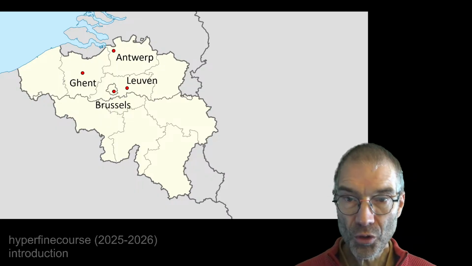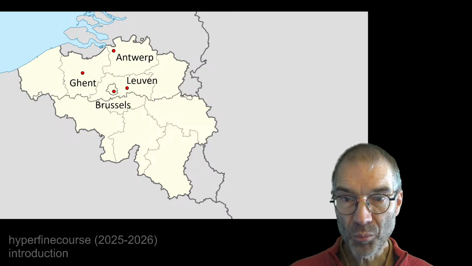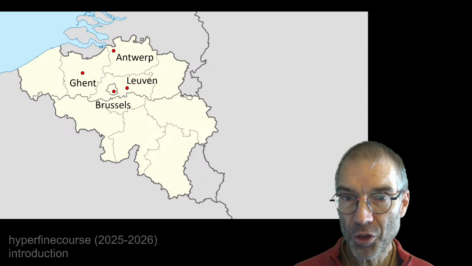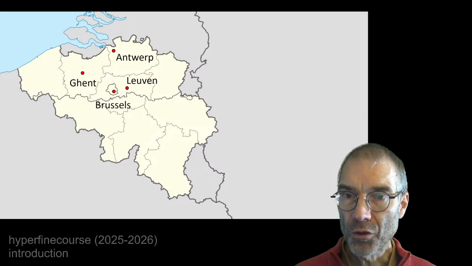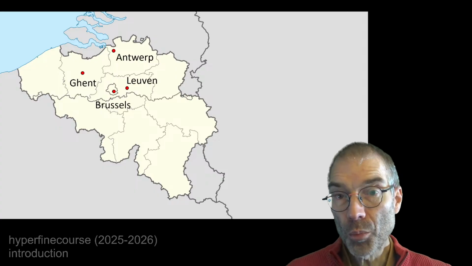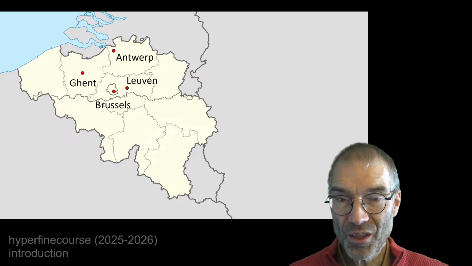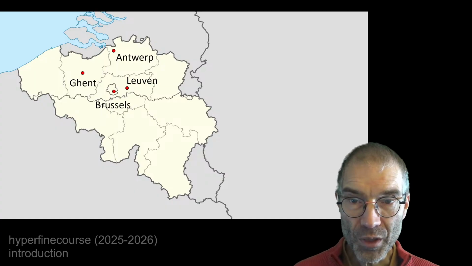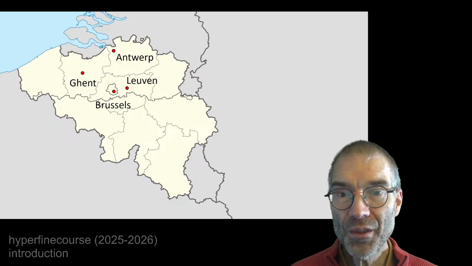Geographically, this course is open to people from all Flemish and, by extension, Belgian universities. I don't know how that will play out this year, because up to last year we always had a large delegation from the University of Leuven, with sometimes 10 or more students.